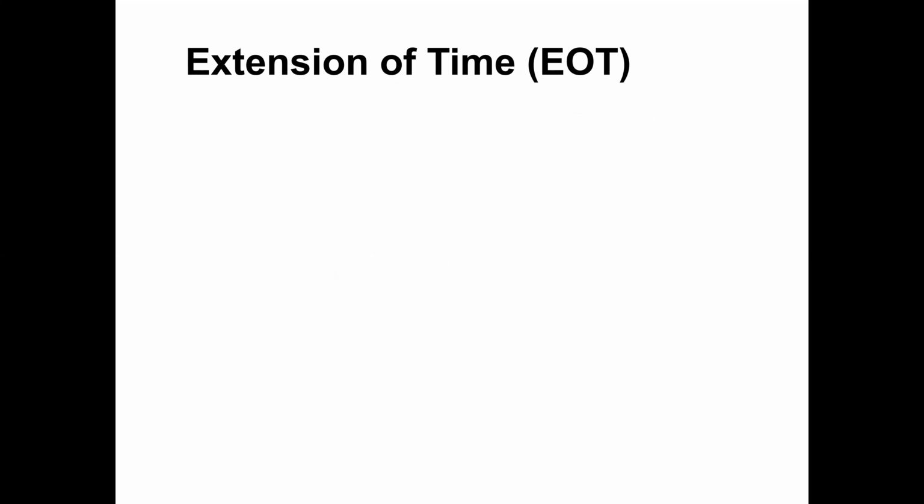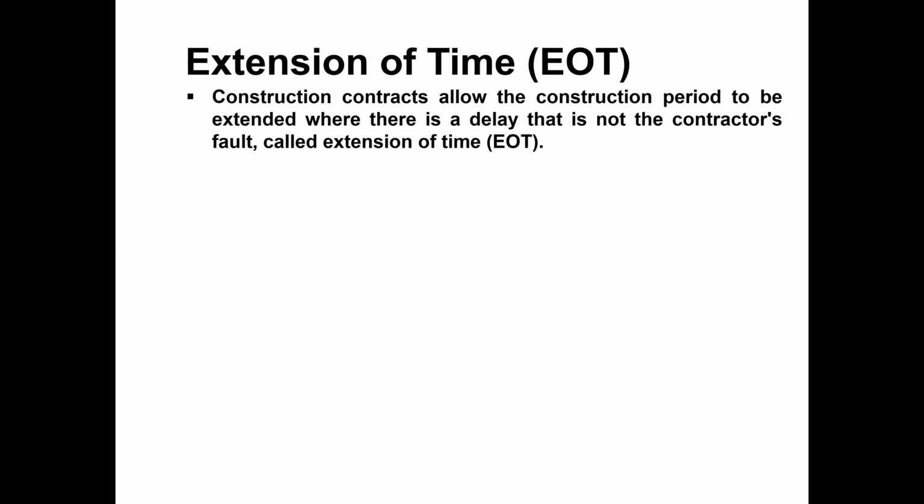Okay, next issue. What other issues come up during the construction phase? One is extension of time, EOT. The construction contract allows the construction period to be extended where there is a delay that is not the contractor's fault, called extension of time.